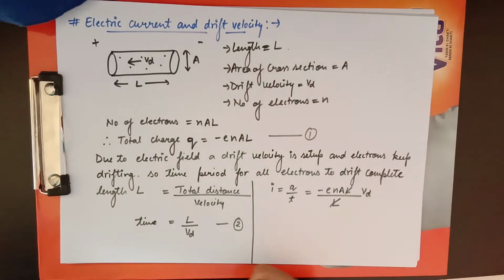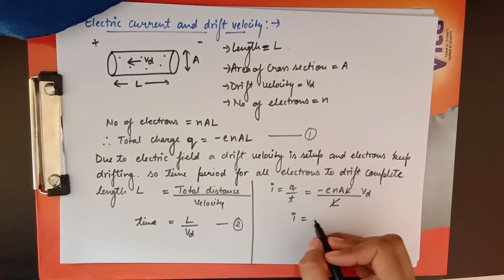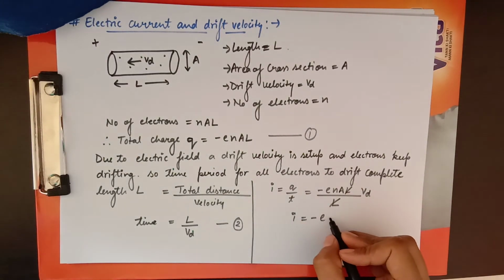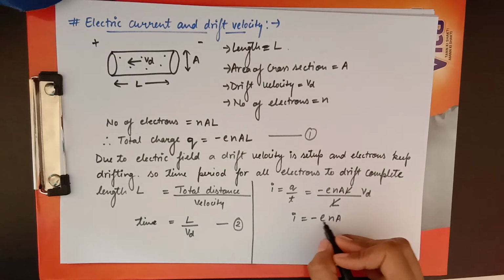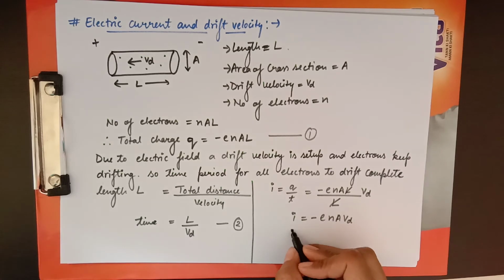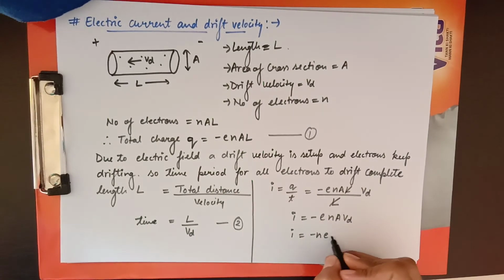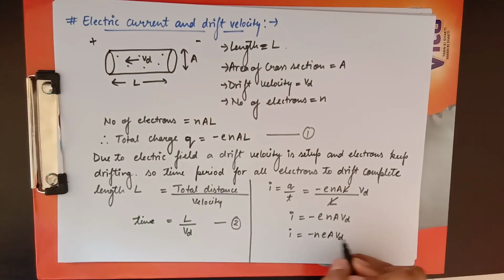L gets cancelled by L in the numerator, and the formula for I comes out to be minus n e A Vd.